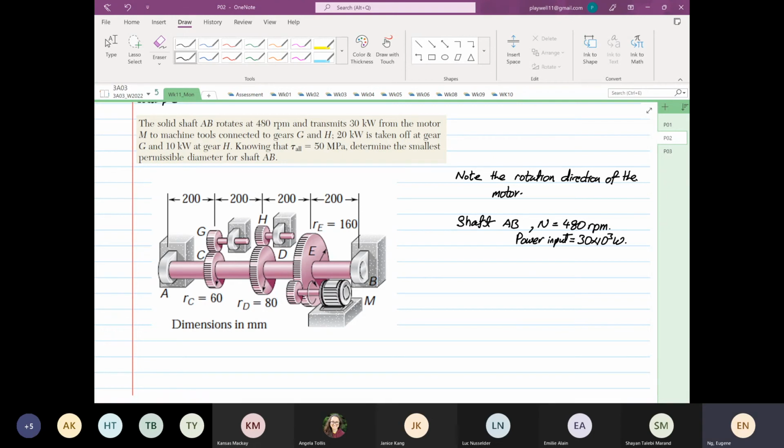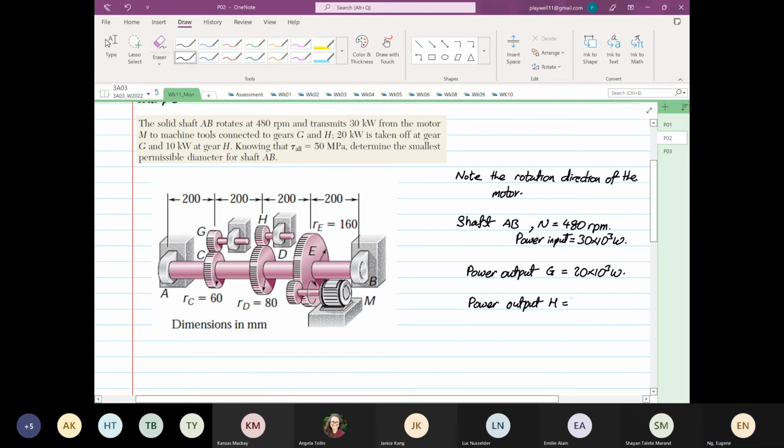We are given that the power output at gear G is equal to 20 kilowatts, and the power output at H is equal to 10 times 10 to the power 3 watts.